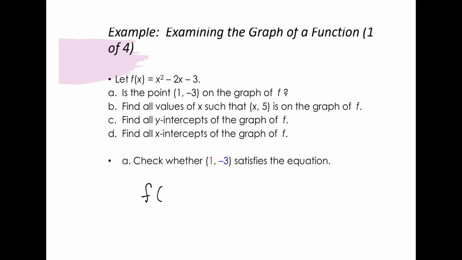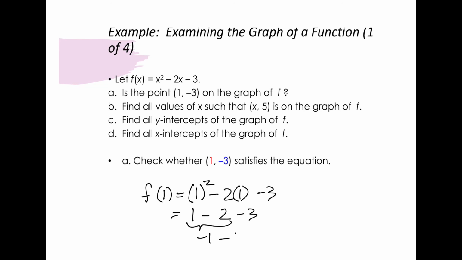So we want to substitute 1 in there. 1 squared minus 2 times 1 minus 3. Well, 1 squared is 1, so that's 1. 2 times 1 is 2, so 1 minus 2 minus 3 going left to right. 1 minus 2 is -1, and -1 minus 3, or plus -3, is actually -4.